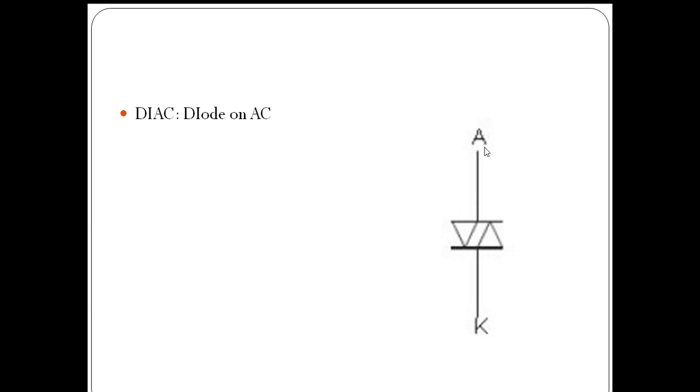So please write the terminals MT1 and MT2 instead of anode and cathode, and correct this while drawing the symbol representation in the connection diagram.